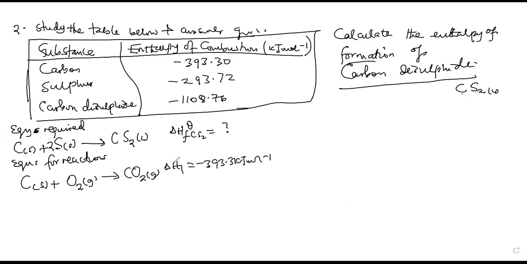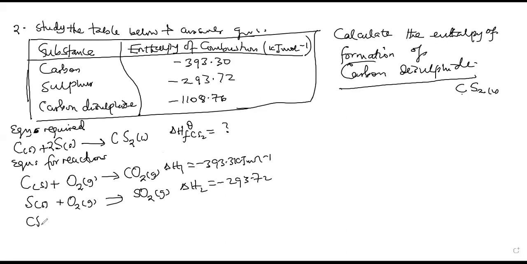The equation is self-balanced. Enthalpy of combustion of sulfur: sulfur undergoes combustion in oxygen gas to form sulfur dioxide gas. This gives H2, which is negative 293.72 kilojoules per mole.